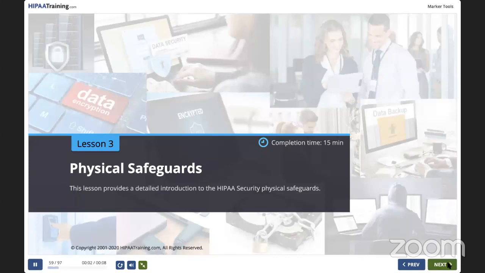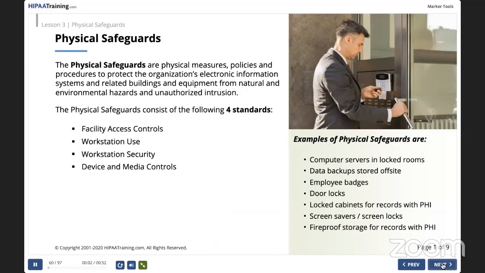Lesson 3, Physical Safeguards. This lesson provides a detailed introduction to the HIPAA security physical safeguards. The physical safeguards are physical measures, policies, and procedures to protect the organization's electronic information systems and related buildings and equipment from natural and environmental hazards and unauthorized intrusion.